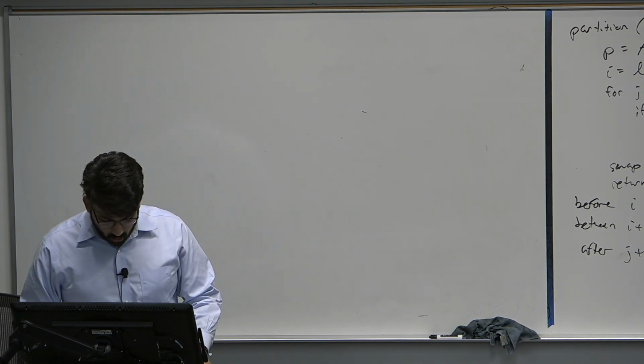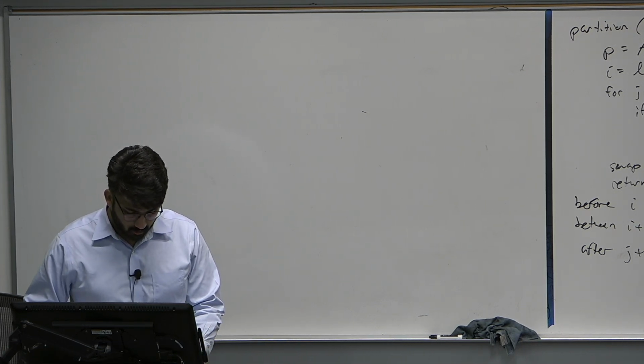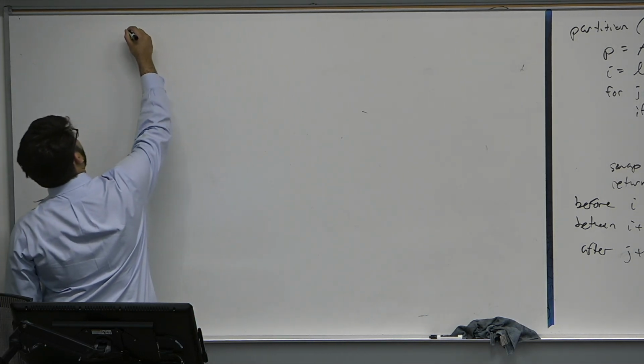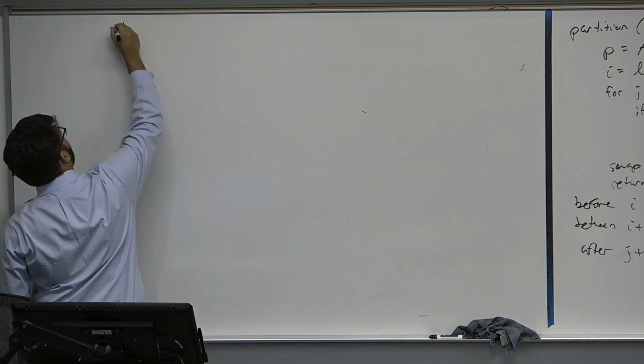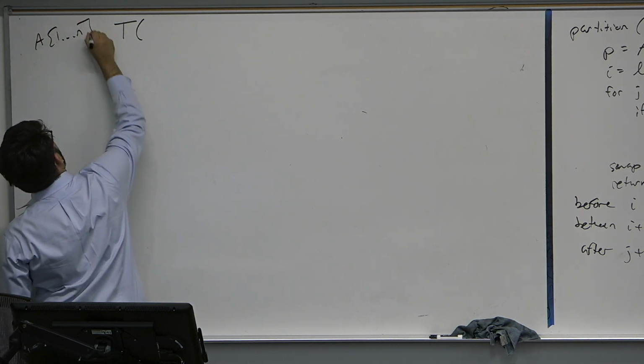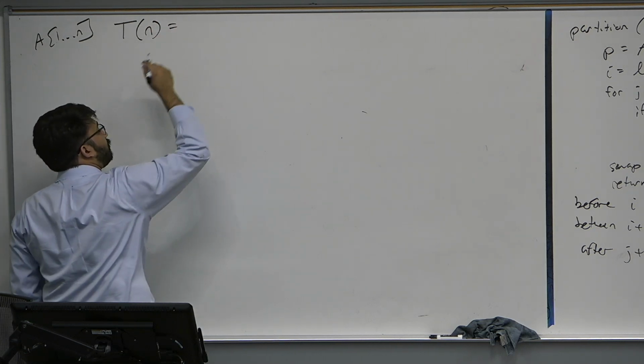Okay, so suppose we randomly choose an element. T of n is going to be the runtime. Let's say A has size 1 to n, and we randomly choose an element to pivot upon.